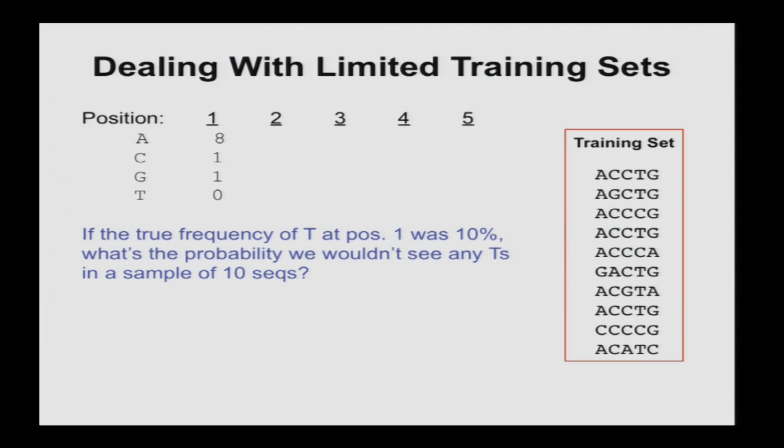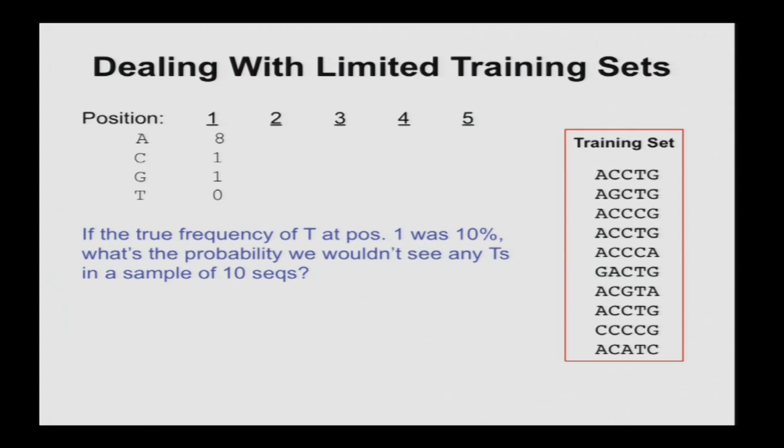And these are the 10 sequences. You align them, you see there's sort of a pattern there. There's usually an A at the first position and usually a C at the second and so forth. And so you consider making a weight matrix model. You tally up, there's 8 A's, 1 C, 1 G, and no T's at the first position.